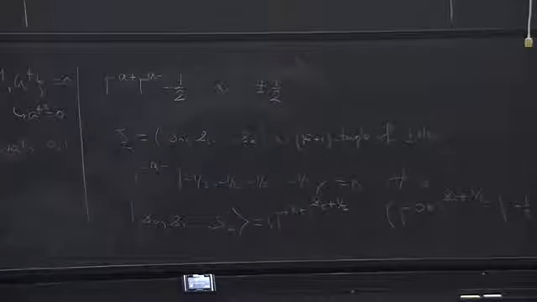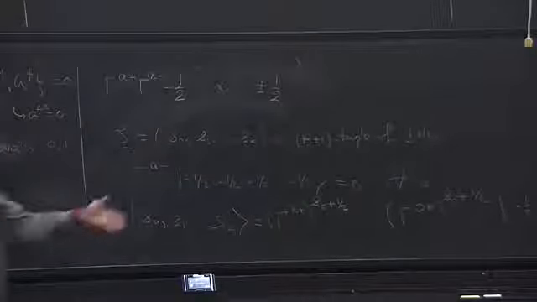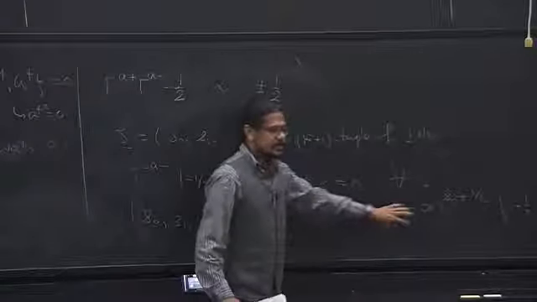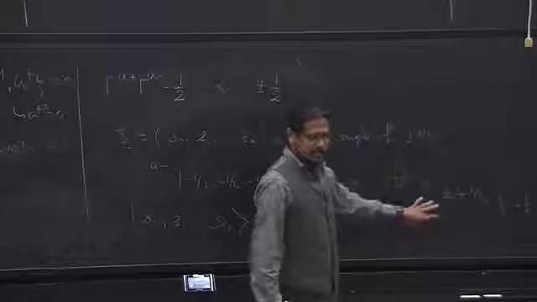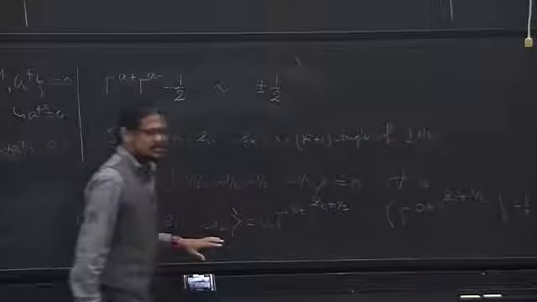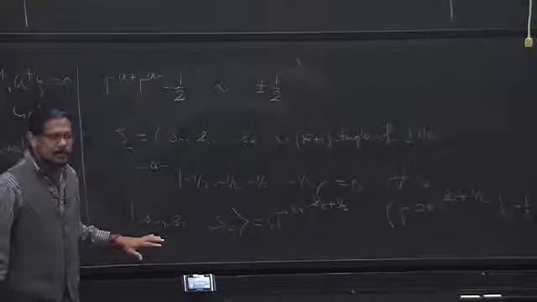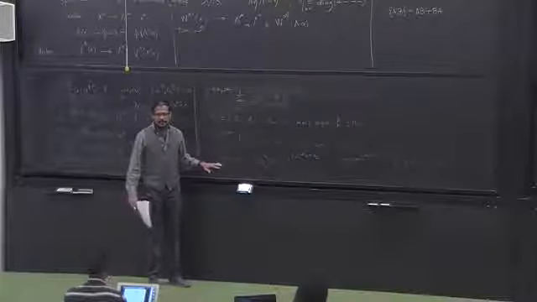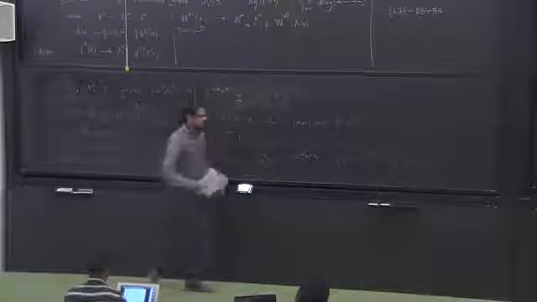As I said before in words, each of these creation operators is either there or not there. So how many possibilities do we have? 2 to the power k plus 1, right?